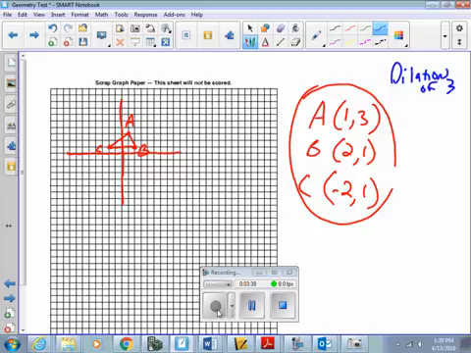If you recall, when you do a dilation, you simply multiply the points by the scale factor. And the scale factor in this case would be 3. So my A prime would be 3, 9. So I'd have to go 1, 2, 3, 1, 2, 3, 4, 5, 6, 7, 8, 9. That'd be my A prime.